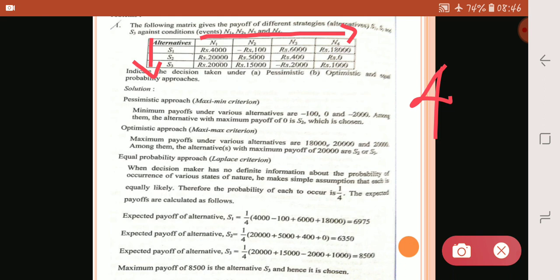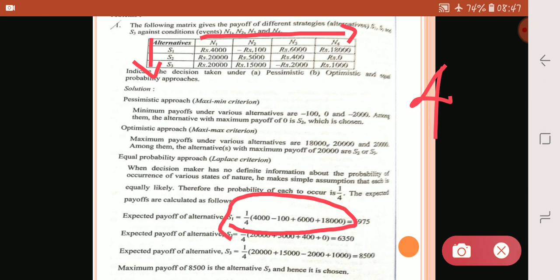As you generally know how to find the average, the average of S1 has to be taken. So S1 is equal to 4000 plus minus 100 plus 6000 plus 18,000. Since there are 4 events, we divide by 4. That's what is being computed over here.